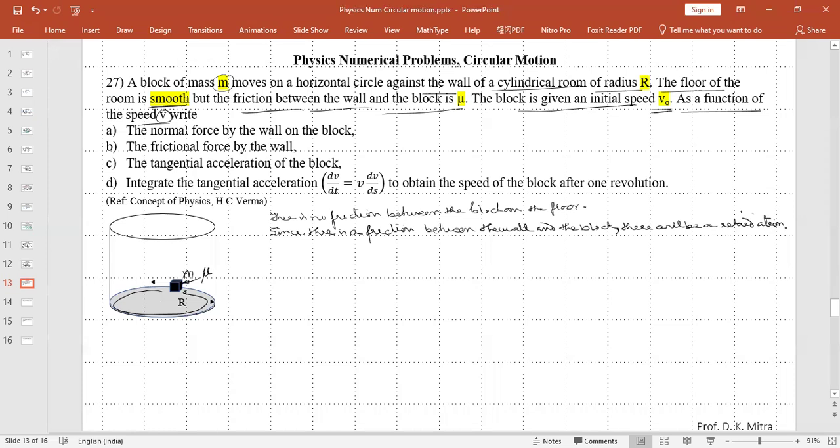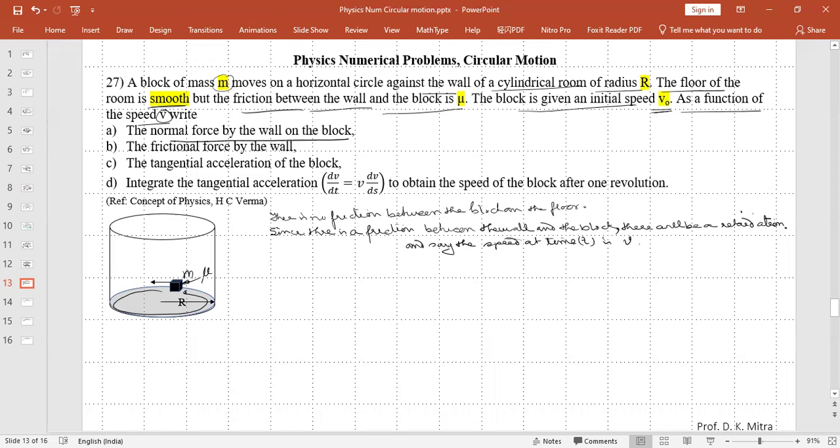Now, say the speed at time t is v. At any time t, the speed is v. Then the question is the normal force by the wall on the block. That is very easy.